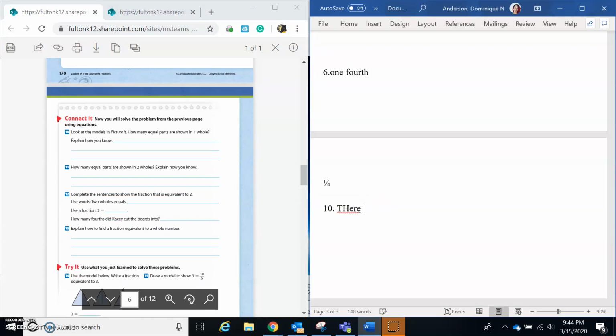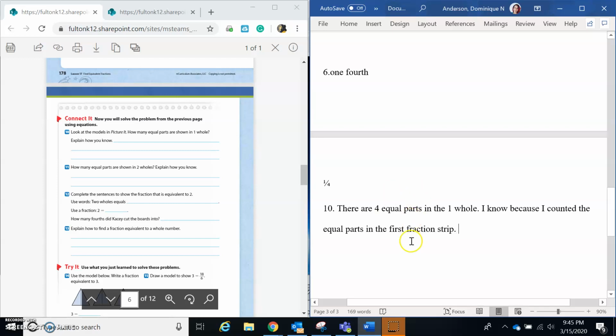So there are 4 equal parts in the one whole. I know because I counted the equal parts in the first fraction strip. Simple enough.